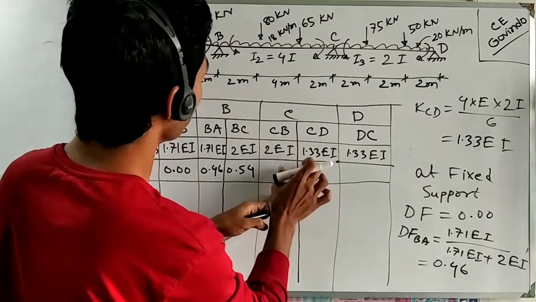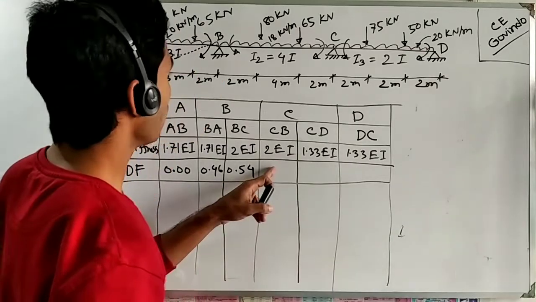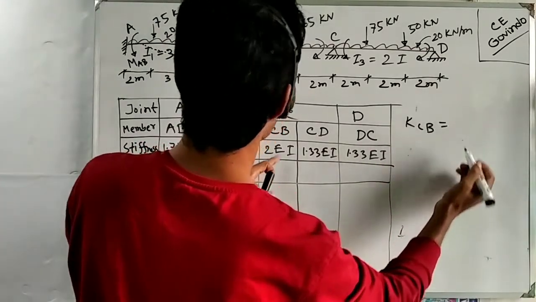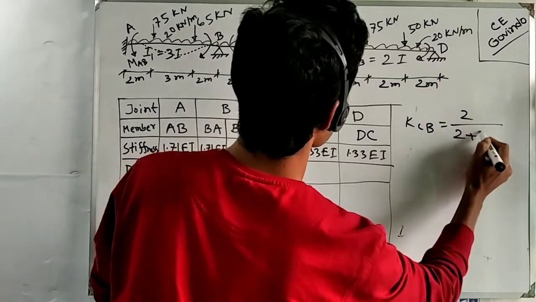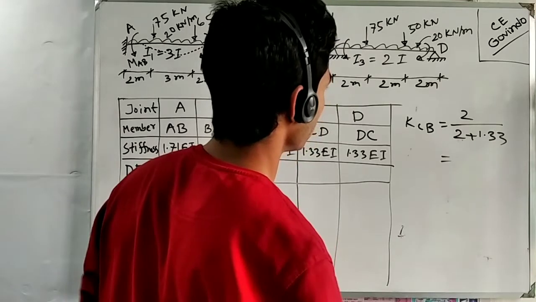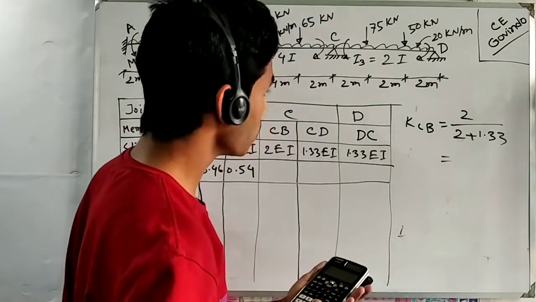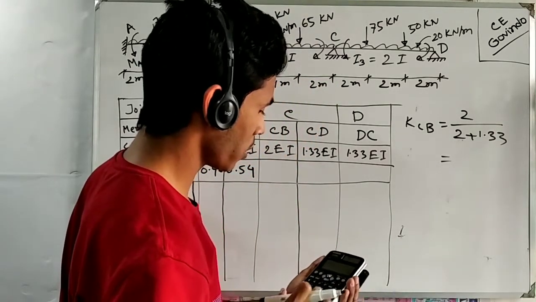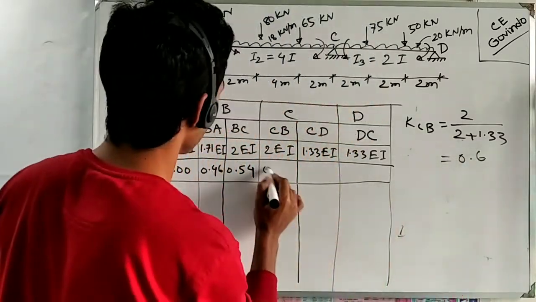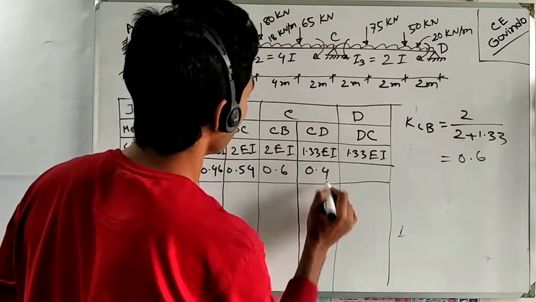Similarly, the distribution factor for the CB member will be 2 divided by 2 plus 1.33, because EI is already eliminated here. Here it is 0.6, and the other will be 0.4.